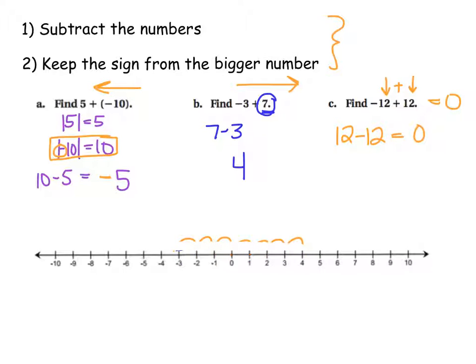And we could always check using our number line. Start at negative 12. We're going to draw it in right there. And then we're going to add 12. Adding a positive, we go up. 1, 2, 3, 4, 5, 6, 7, 8, 9, 10, 11, 12. We end at 0.